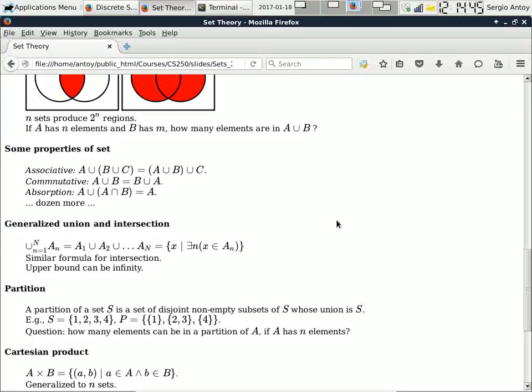Union for n, small n, that goes from 1 to big N of A sub n is equal to that. You do A1 union A2 union A3, up to A big N. And there is a definition, right? And this is the set of X such that X is in some A sub n. For some n, X is there.